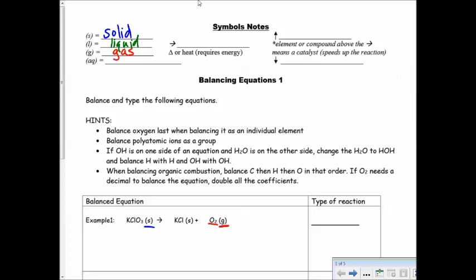Now, probably some of you have seen AQ, the symbol AQ, or understand what AQ might possibly be. AQ is a representation for when certain substances are dissolved in water. They're aqueous. That's what that word means. The symbol is for aqueous.